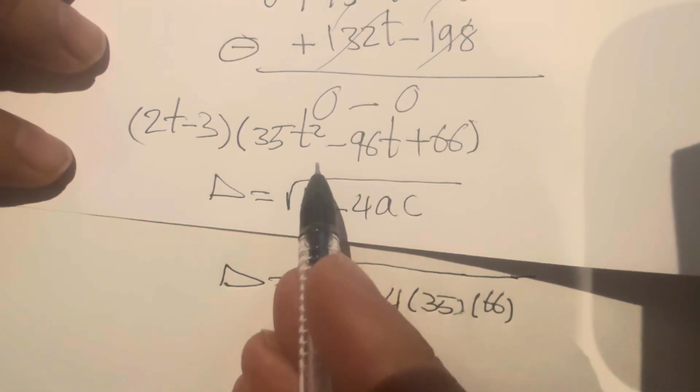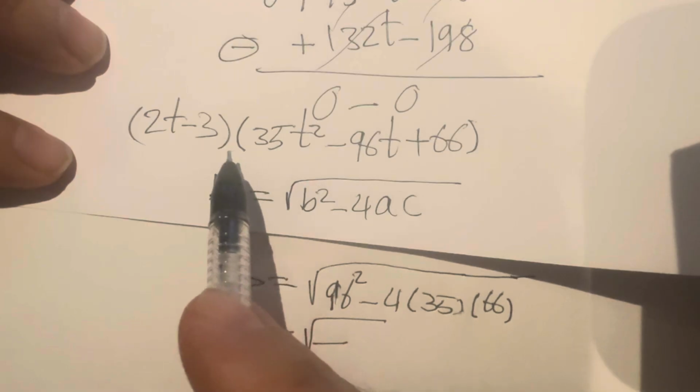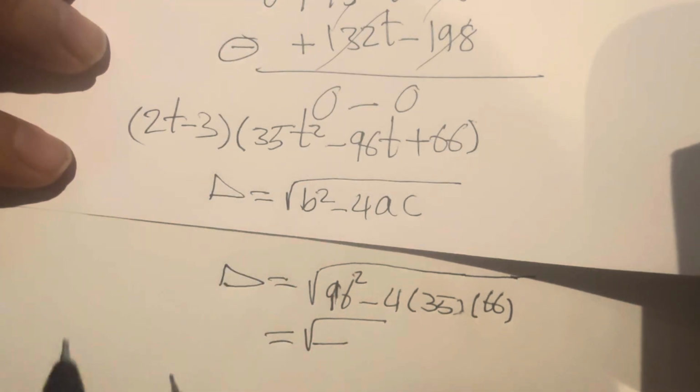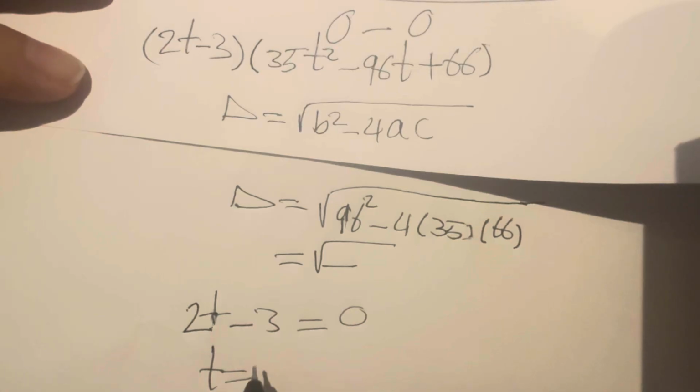So we are not interested in this because we are only interested in real roots at the moment. So we got the root 2t minus 3 equals 0, t equals 3 over 2.